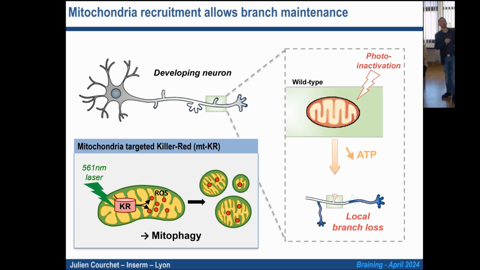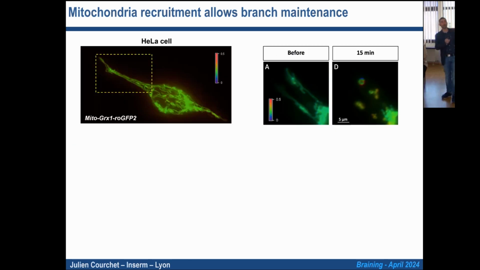And our idea was that if we can degrade mitochondria locally, then we would predict that we would lose the stabilization of those branches. This is the proof of principle. KillerRed is expressed in HeLa cells, where you can see this network of mitochondria. And this biosensor is a biosensor for ROS production.